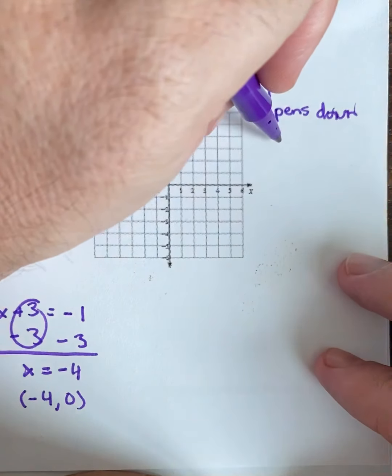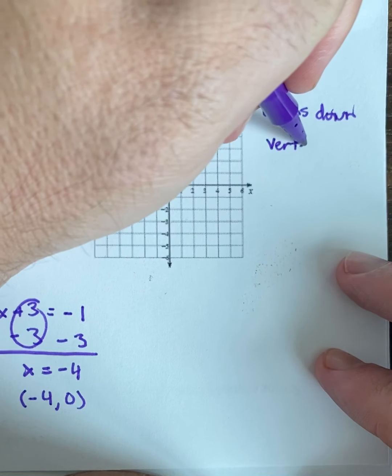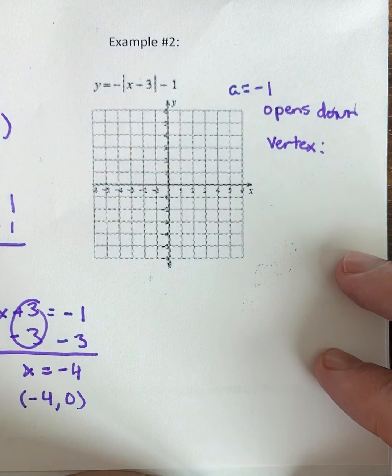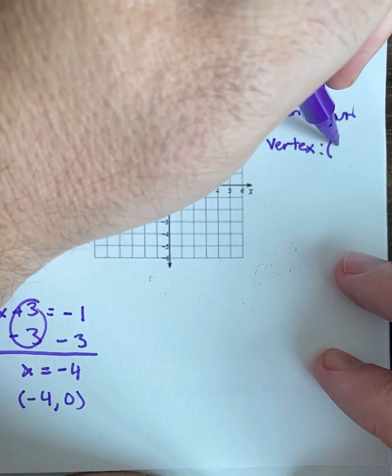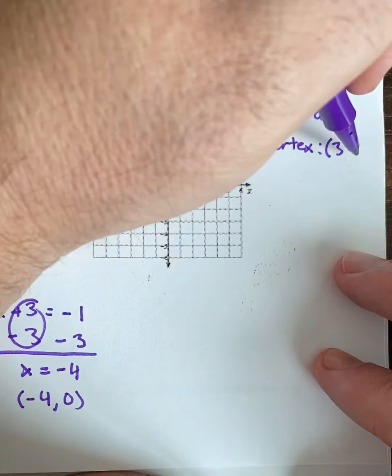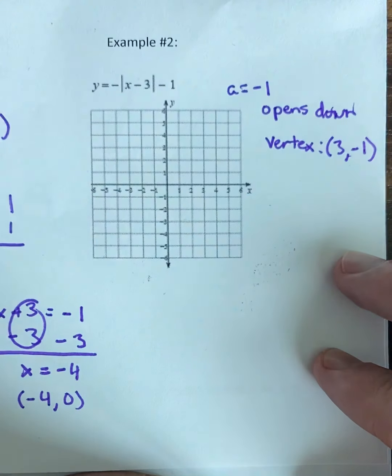Okay, so let's get the vertex. It is going to be +3, -1.